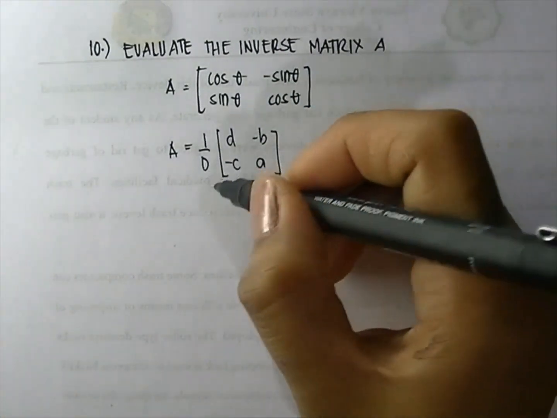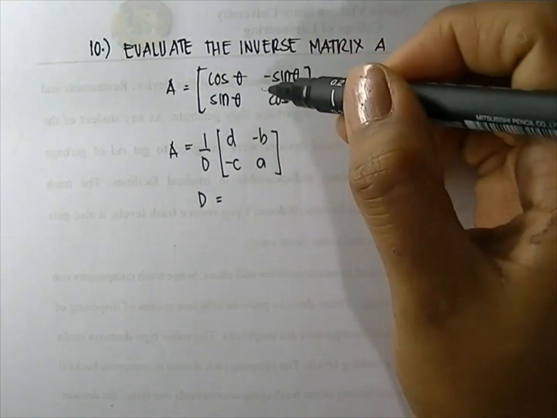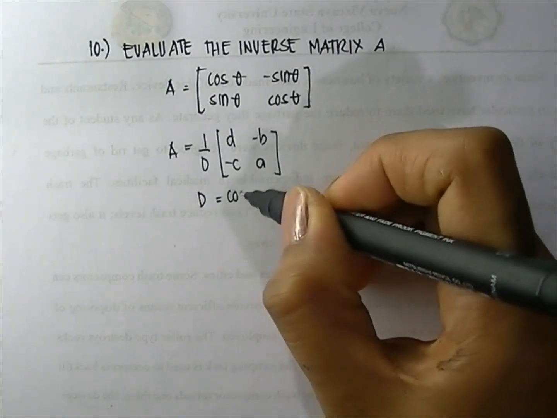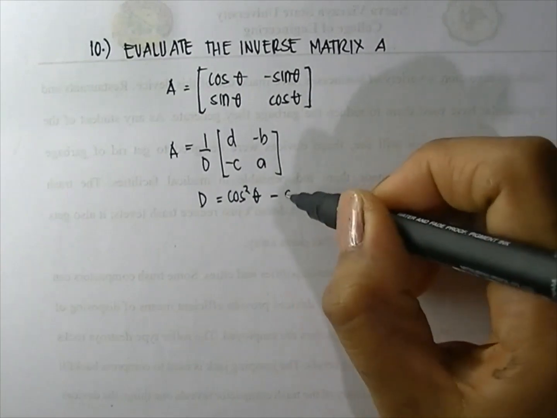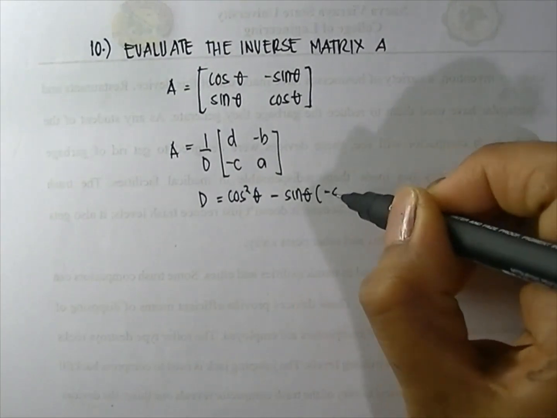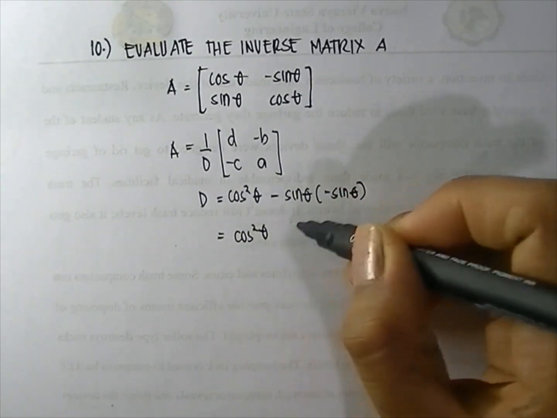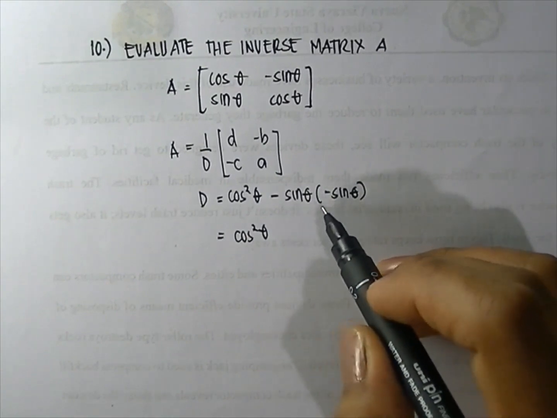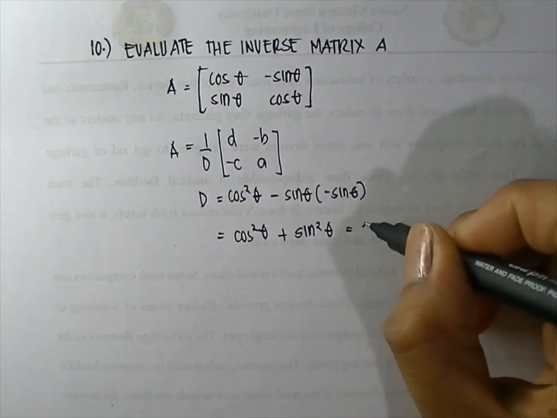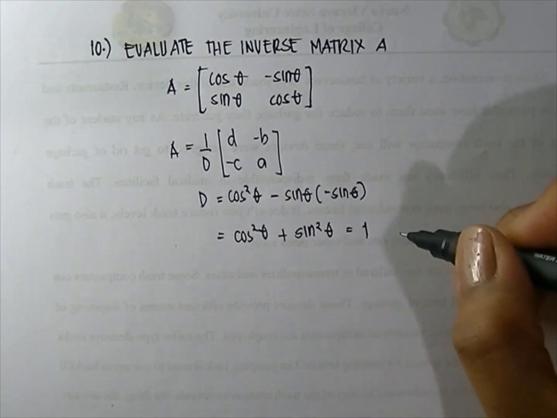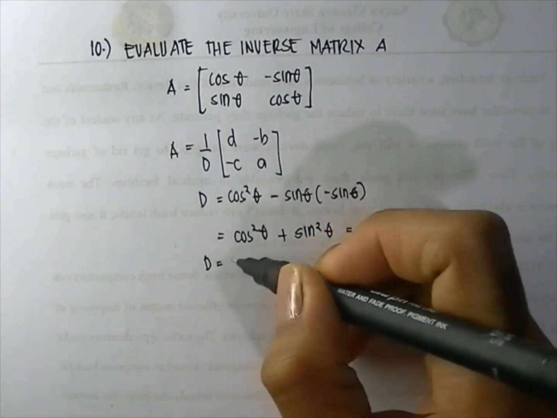So, let's find first the determinant, which is top left times bottom right. So, cosine theta times cosine theta is cosine squared theta minus sine theta times negative sine theta, which is positive sine squared theta. And this is equal to 1 from our trigonometric identities under the Pythagorean relation. So, our determinant is 1.